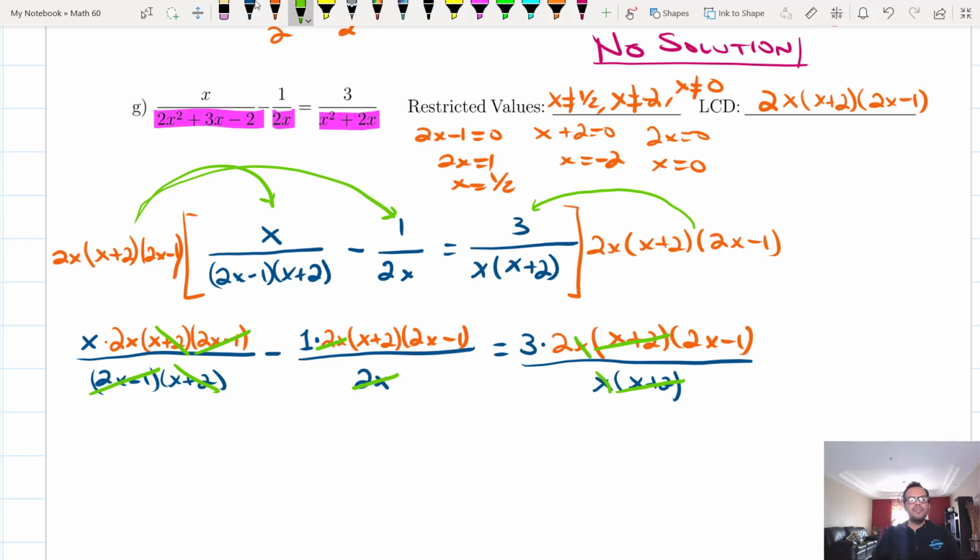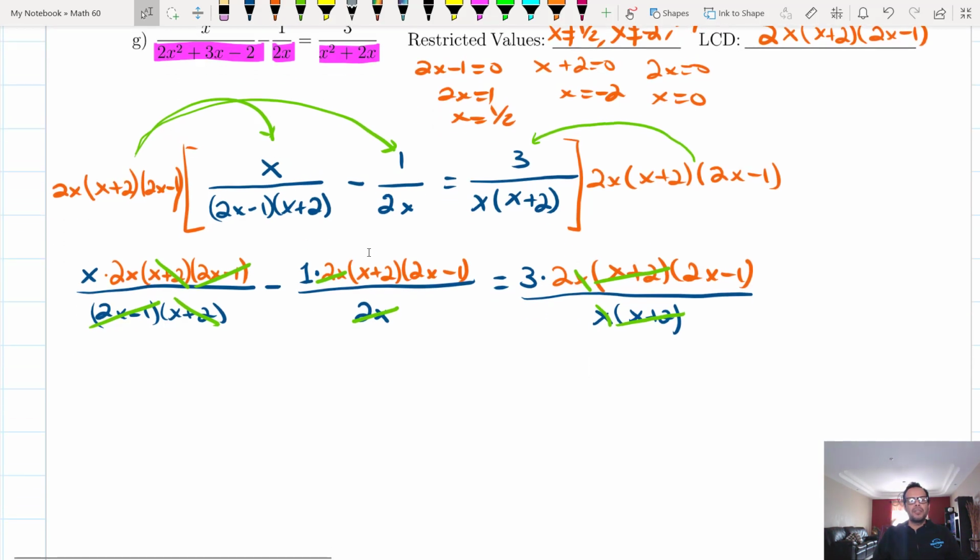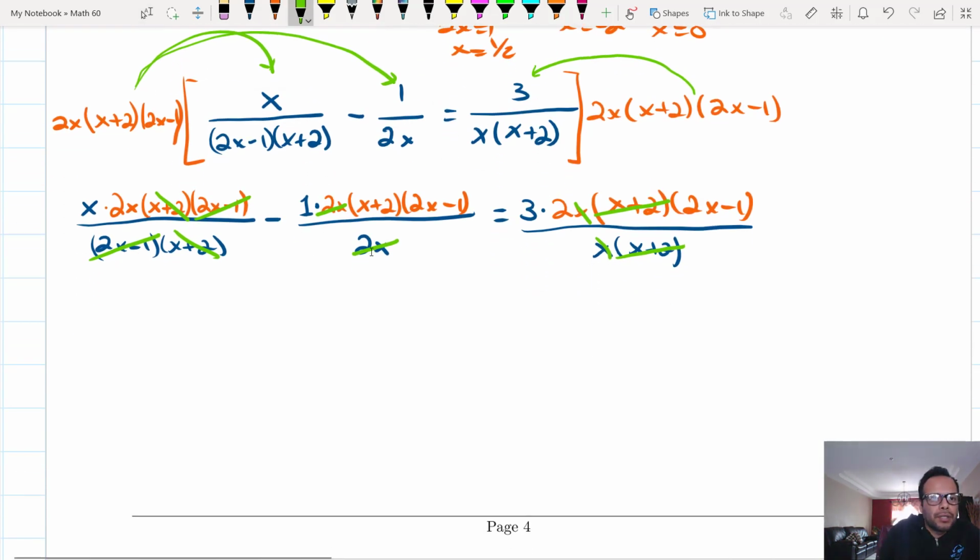Now let's write down everything we were left with. For the first term, we were left with x times 2x, which gives us 2x squared, minus the quantity x plus 2 times 2x minus 1.